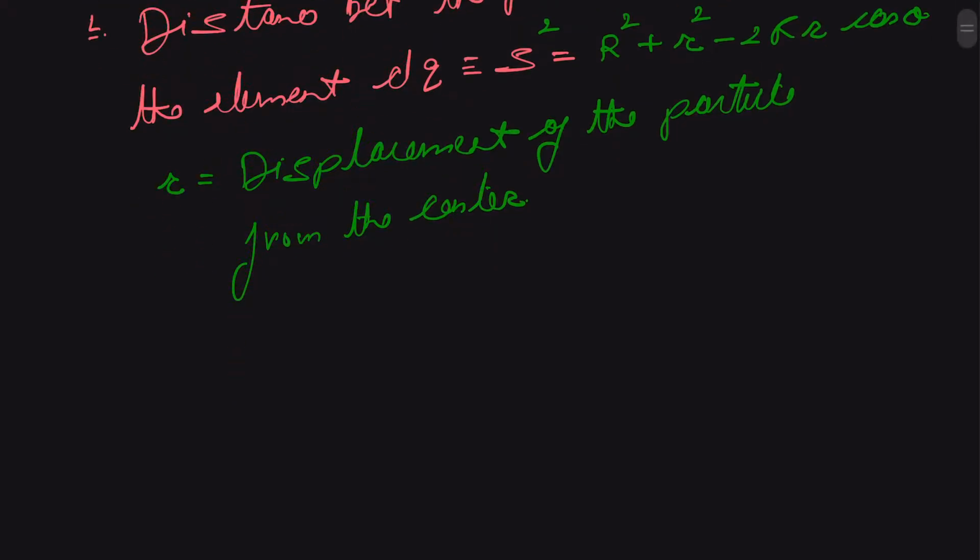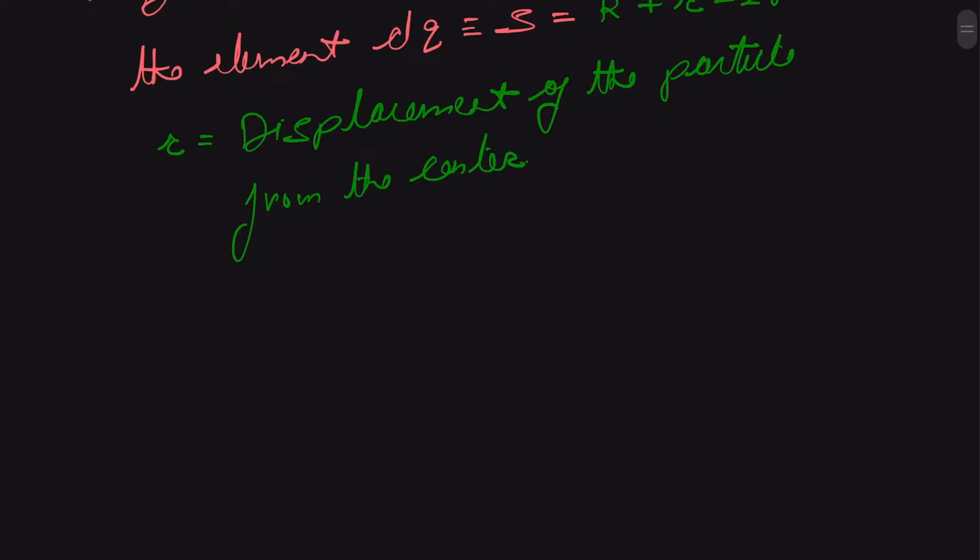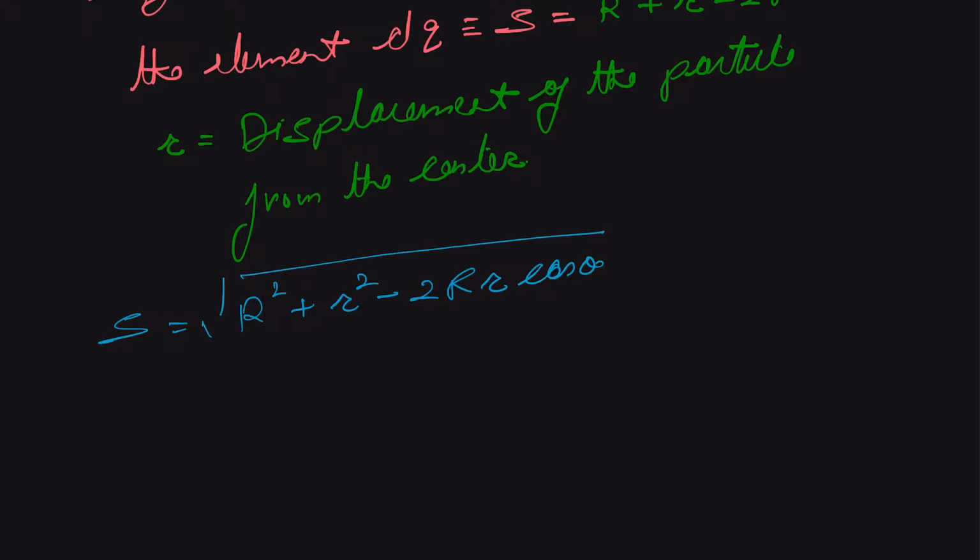Therefore, we can rewrite this distance equation as s will be equal to the square root of r square plus small r square minus 2r small r cos of theta.